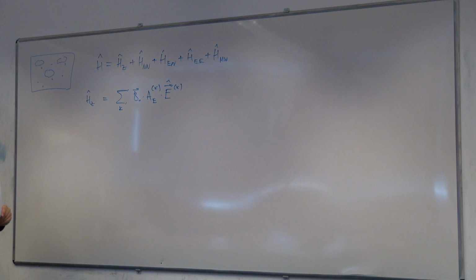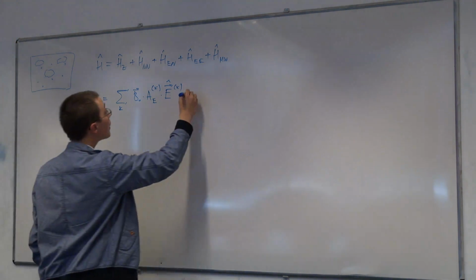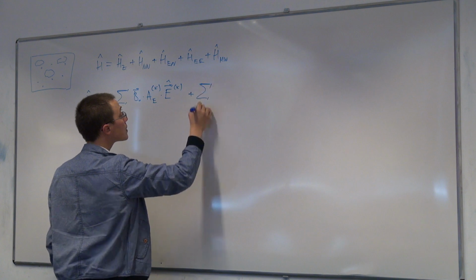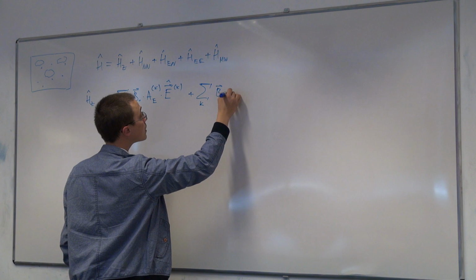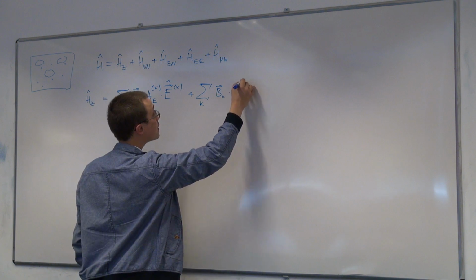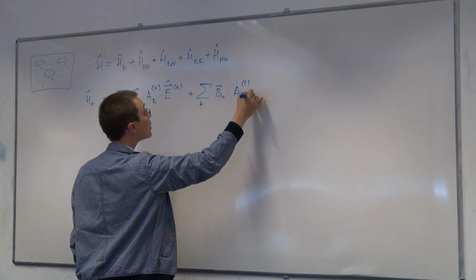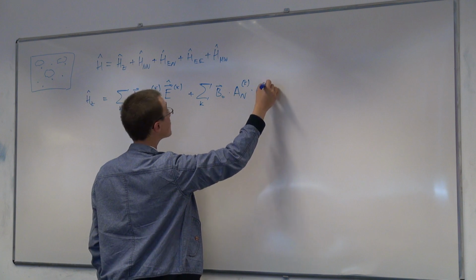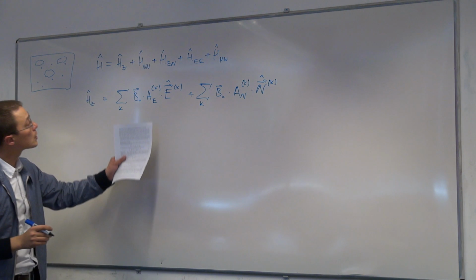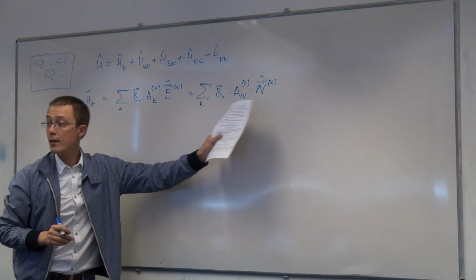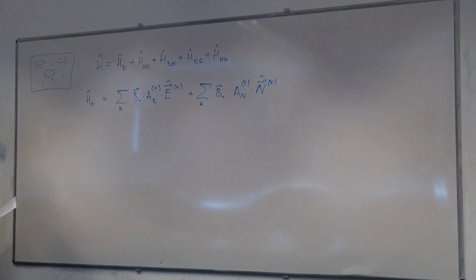Yes, so Ex, Ey, Ez, the spin operator. The same for the nuclei, so again this second sum would be running over nuclei, so we would have B0, then A_N for the kth nucleus, and then N_k spin operators. So we'll denote them E and N for the electrons and the nuclei respectively.